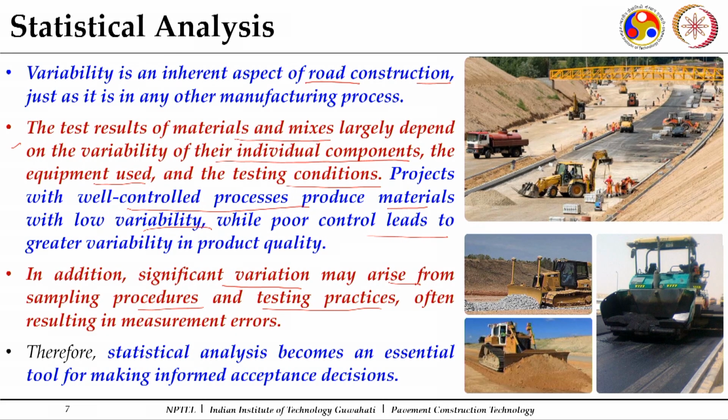So your testing procedures also give some inherent variability to your results. Therefore, statistical analysis becomes an essential tool for making informed acceptance decisions, because it needs to be accepted by all the agencies which are involved.